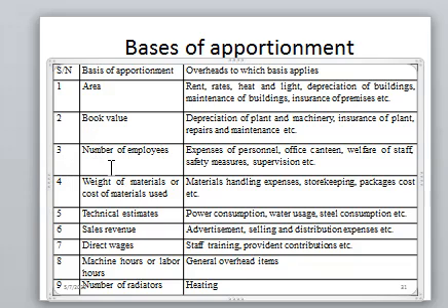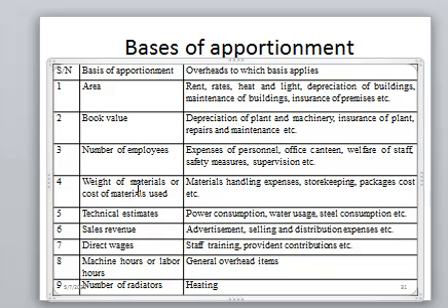Then we have number of employees, which can be used to apportion overhead related to personnel, office, canteen, welfare of staff. You can use the number of employees. We can also use weight of materials or cost of materials to have material handling expenses or storekeeping packages and what.